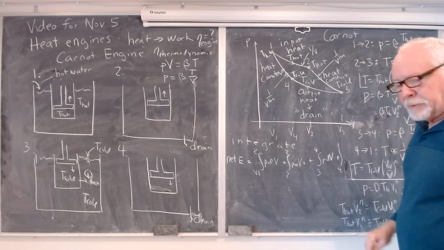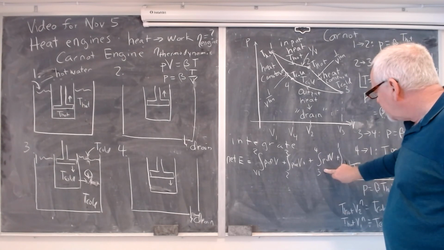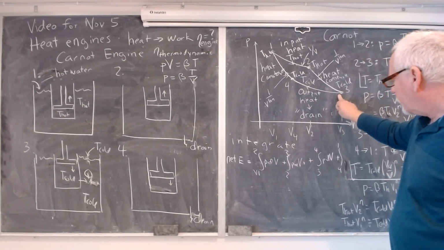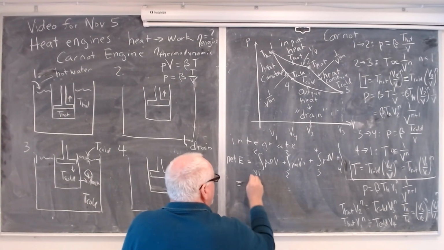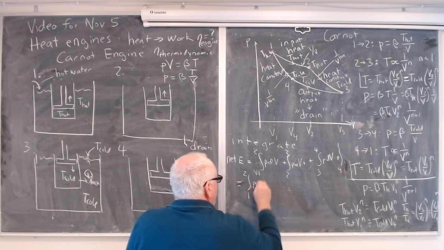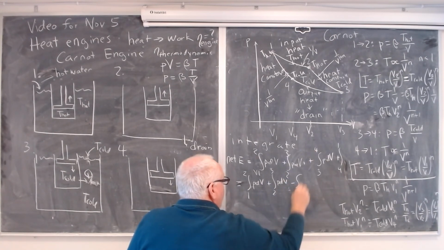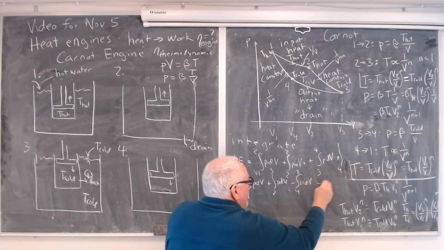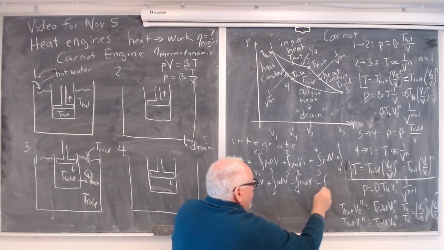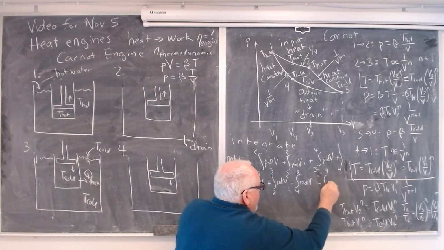If you remember your math, when you flip these limits, because V4 is smaller than V3, the net energy is equal to the integral from 1 to 2 of pdV plus the integral from 2 to 3 of pdV, minus, flipping these, the integral from 4 to 3 of pdV, minus the integral from 1 to 4 of pdV.